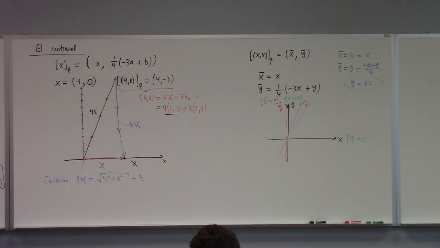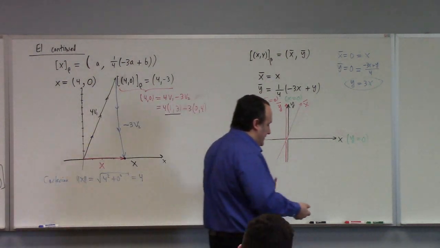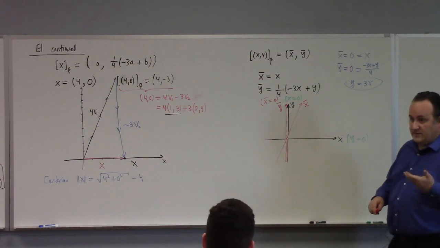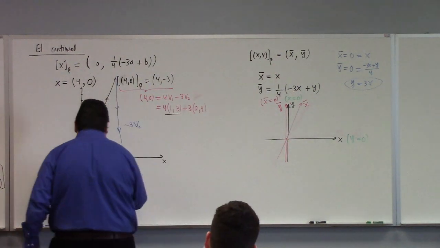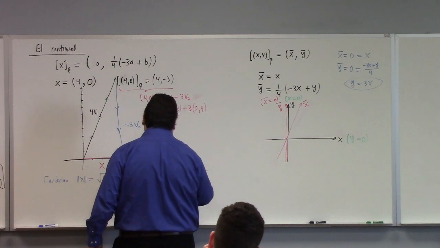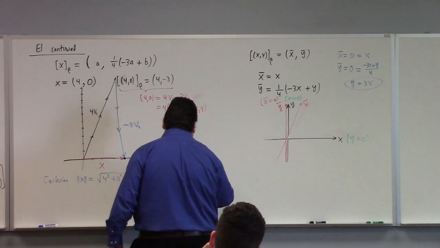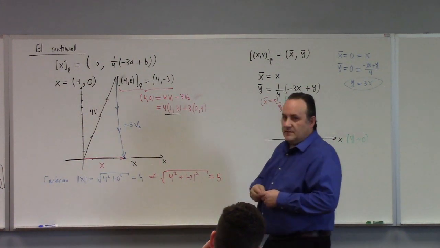If we were to assume wrongly that we could still calculate the distance from the origin in the new coordinate system by the square root of the sum of the squares, we would be dreadfully wrong. This is not equal to the square root of 4 squared plus minus 3 squared, which just happens to be 5. 5 is not equal to 4.